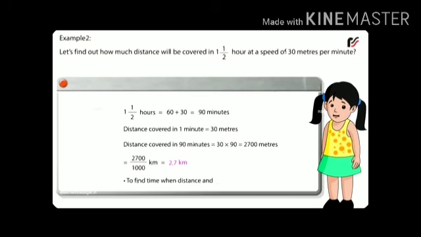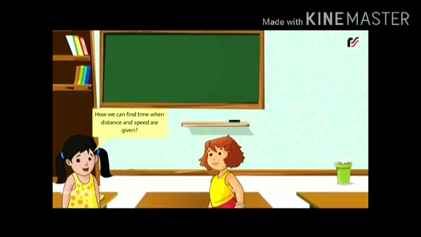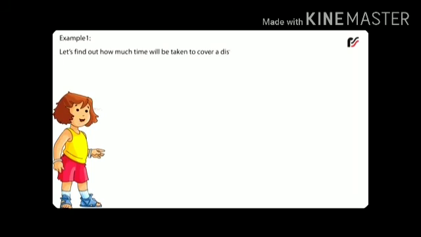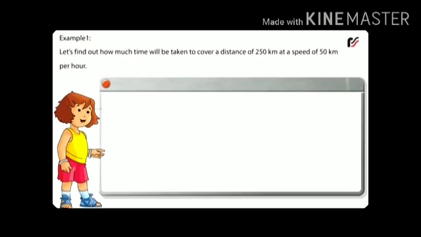To find time when distance and speed are given. How can we find time when distance and speed are given? It's very easy. To find the time taken, we use the formula. Time is equal to distance divided by speed. Example 1. Let's find out how much time will be taken to cover a distance of 250 km at a speed of 50 km per hour.